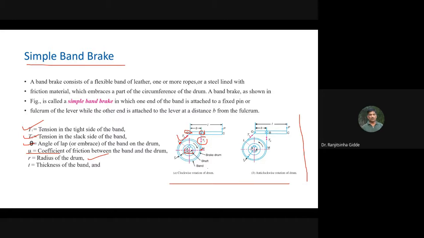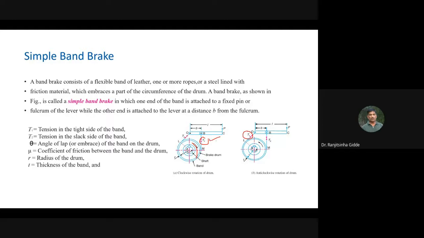So based on the direction of rotation of the drum, this T1 and T2 are going to change. If the drum is rotating in clockwise direction, this T1 is the tension in the tight side. If the drum is rotating in anti-clockwise direction, this one is the T1.